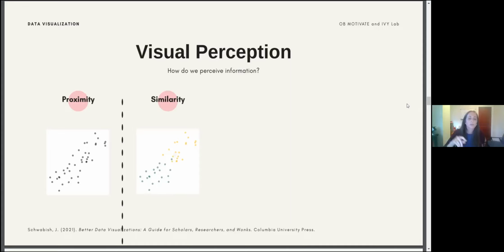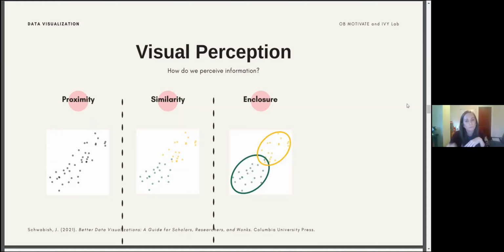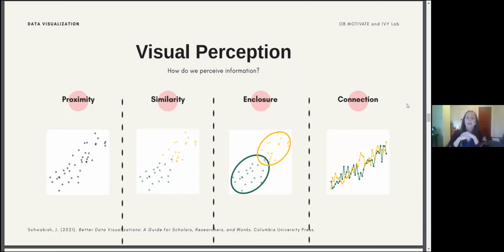We can use color or shape or direction to discern groups, where in this case, color has been used to differentiate the green group from the yellow group. You can use enclosure, where bounded objects are more likely to be a part of the same group. And lastly, you can use connection, where connected objects are more likely to be a part of the same group.